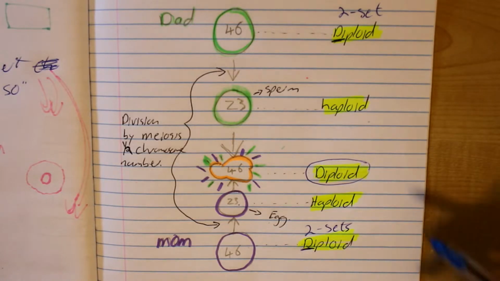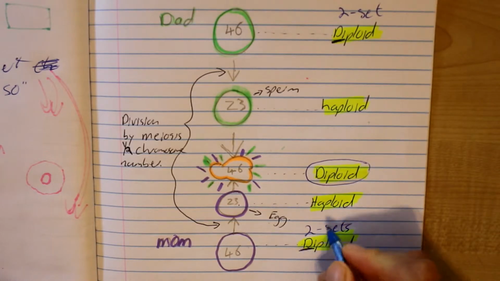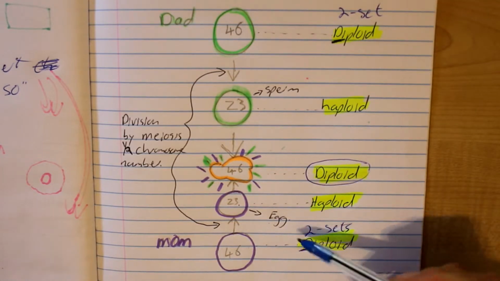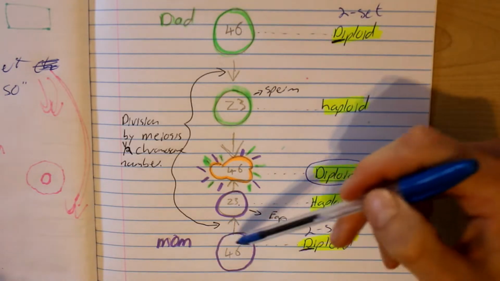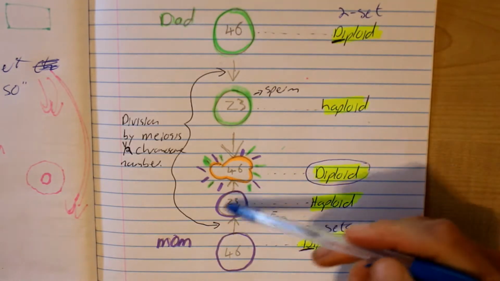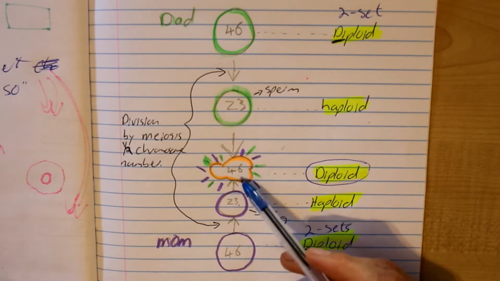Now it's important to make note of these diploid and haploid sets of information. Note that the parent cells are all diploid, gametes are haploid, and the new zygote is diploid.